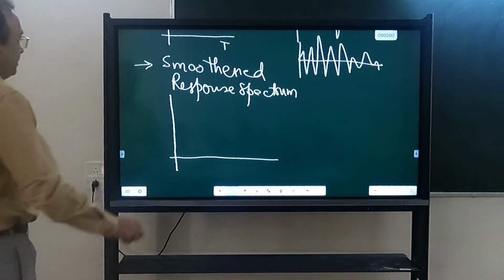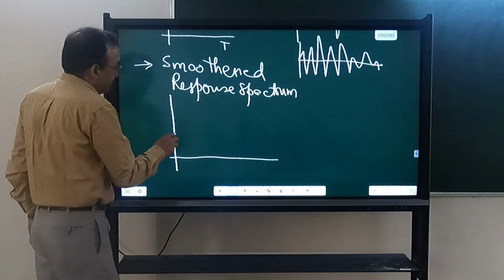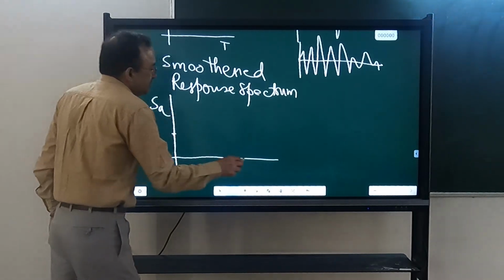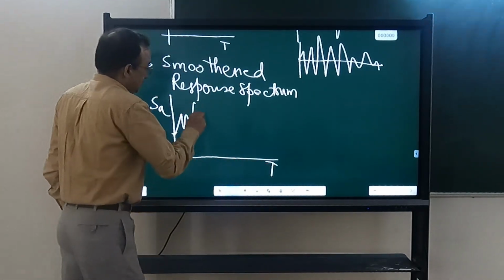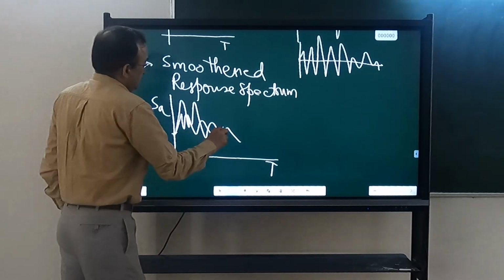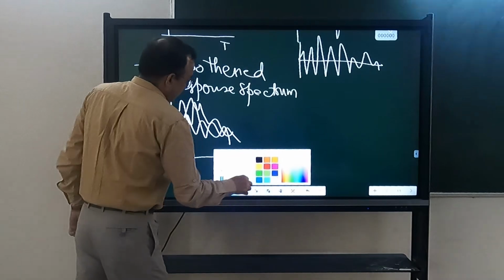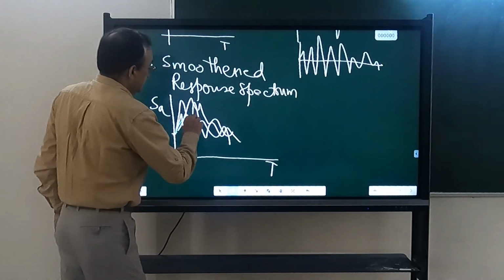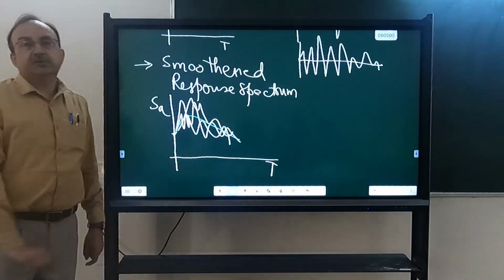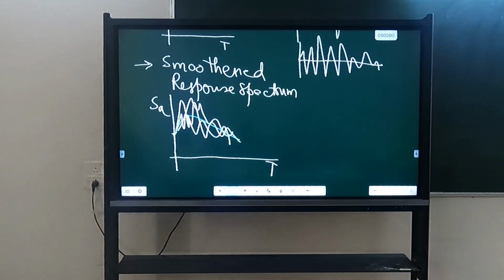When I take a large number of response spectra which are normalized with respect to the EPGA, I will get some average shape. This is the smoothened response spectrum.